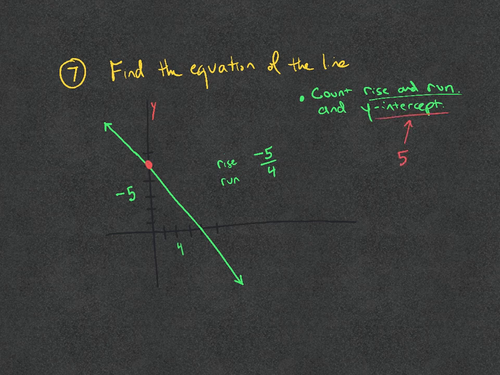And you might remember from the previous couple examples that the rise and run, the slope, we put that in front of x. So our equation, we can do y equals -5 over 4x, and then plus whatever our y-intercept is, which is 5.